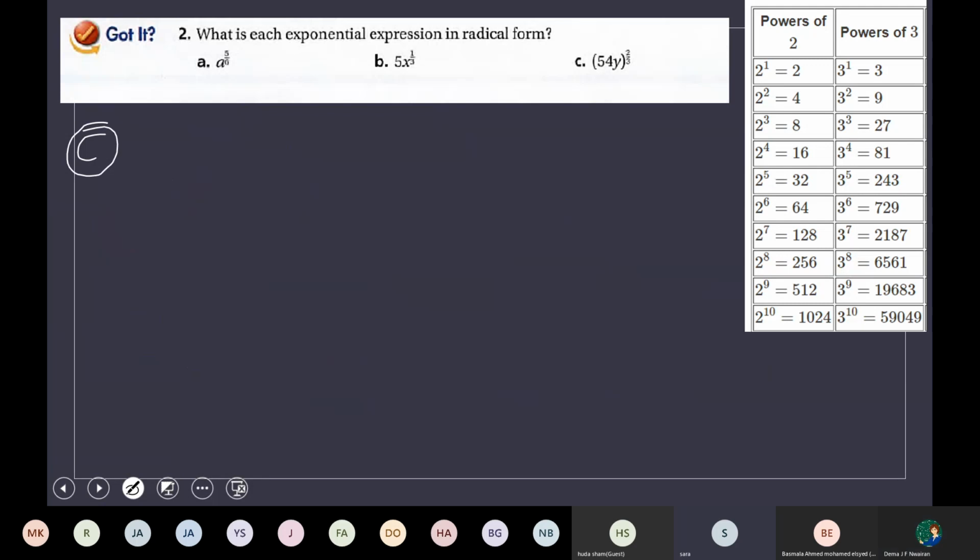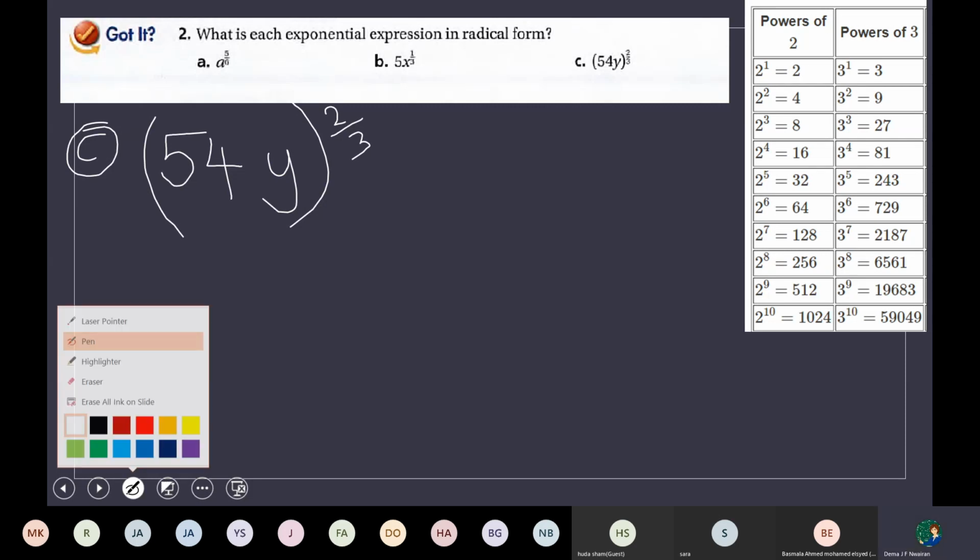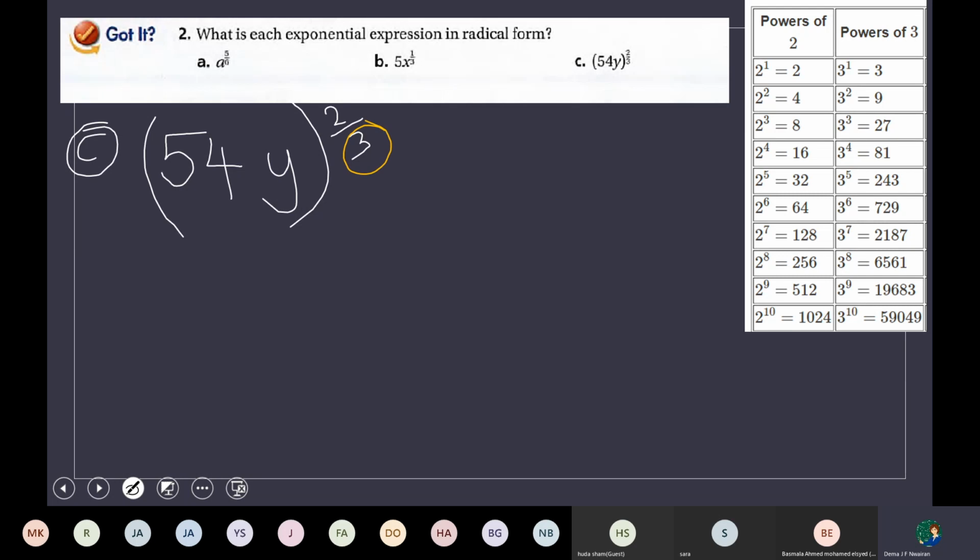Now, here, write each exponential expression in radical form. Let's do C. In C here, we have 54y raised to the power 2 over 3. The first question, we have to do the same steps. Look at the table here, the powers of 2 and powers of 3. 2 raised to 3 is 8.